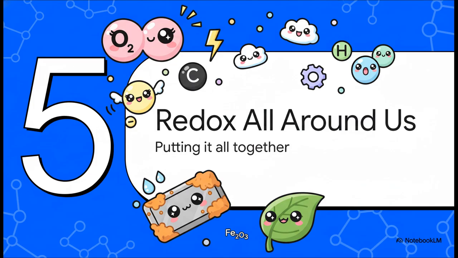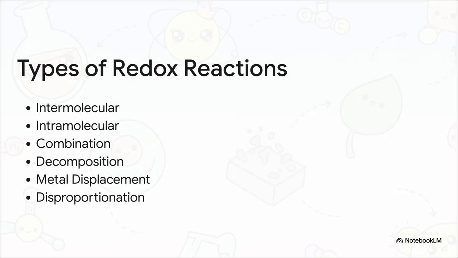Okay, so now that we have the whole picture, from the simple oxygen idea to OIL RIG, all the way to the universal rule of oxidation numbers, let's see just how diverse this whole process really is out in the real world. And trust me, this process is not one size fits all. Redox reactions are incredibly diverse.